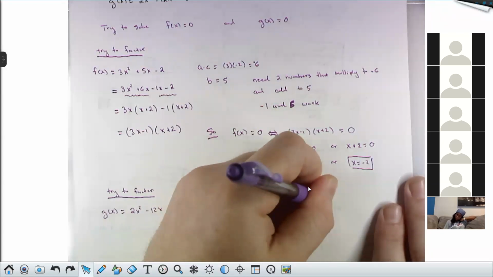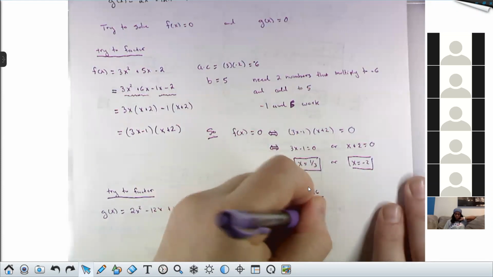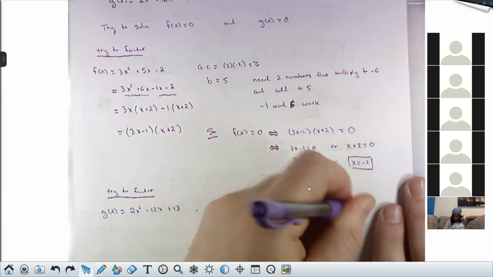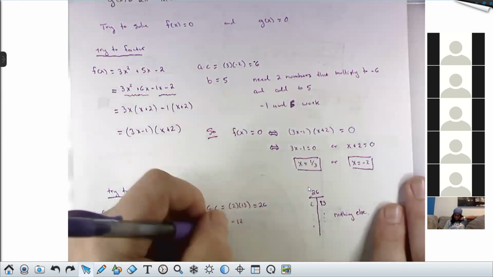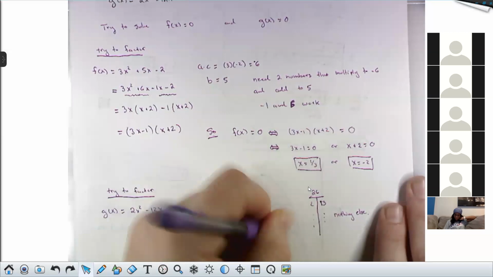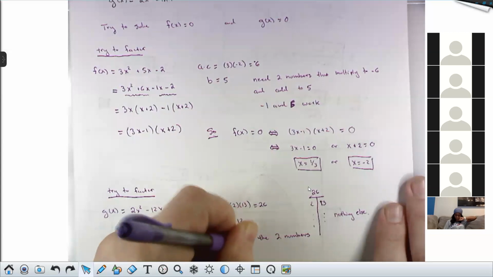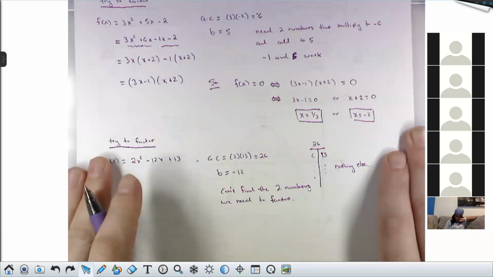So 2 and 13 is possible. And since both 2 and 13 are primes, this is it. And 2 plus 13 is not -12. So can I find two numbers that multiply to this and add up to this? No. So we cannot find those two numbers that we need in order to factor this thing.